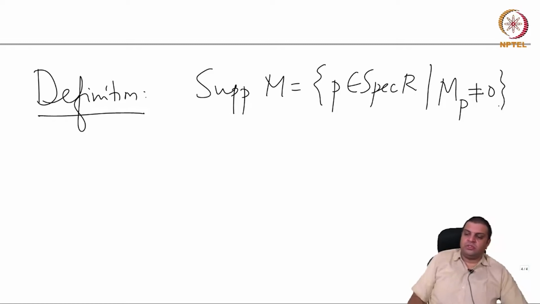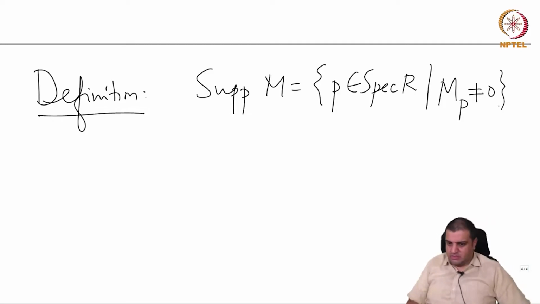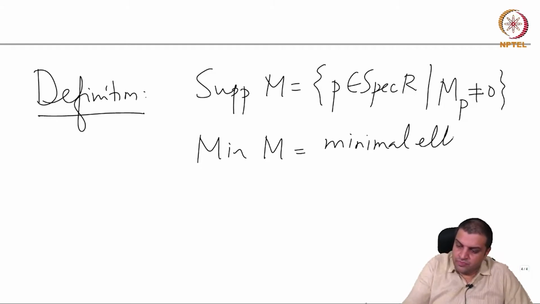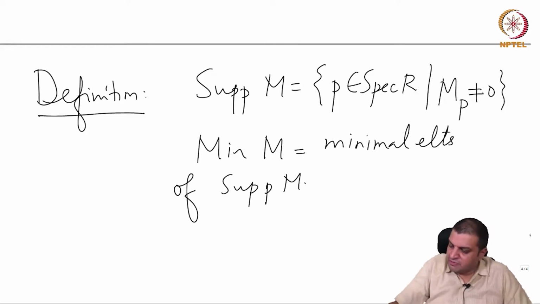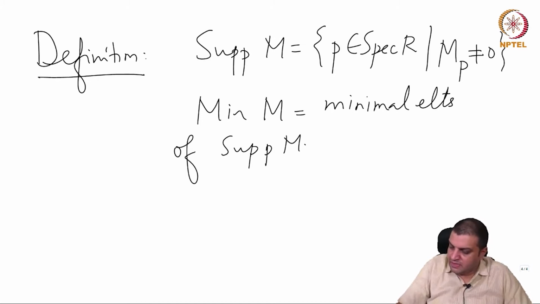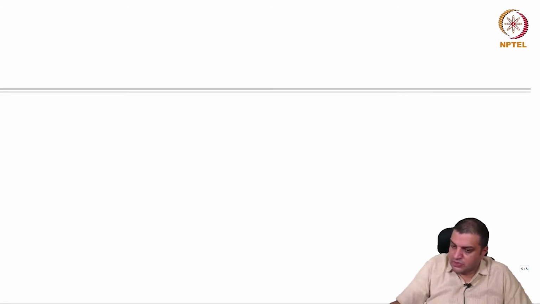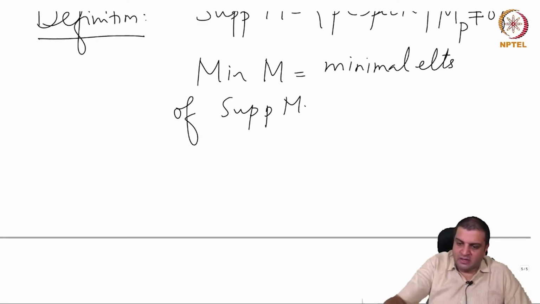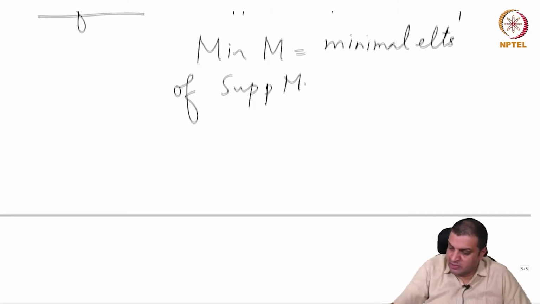Okay. So this is what support of M is. And min M is the minimal elements of support of M. So this agrees with the definition of min of a ring that we used in earlier lectures, which is just to say support of a ring is all of spec R. So min is minimal elements of that.